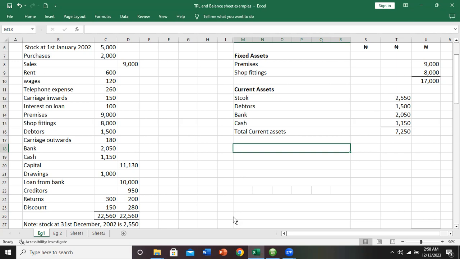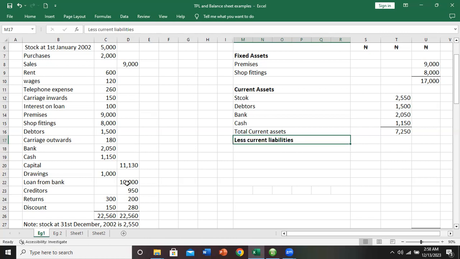Okay, so let me move on and now bring in the current liabilities, because per the format, after bringing your current asset, the next thing is to list your current liabilities. And per the format, you all saw that the current liabilities are creditors, bank overdraft, expenses owing, and then income prepaid. If you check this question, what are the items you have? Remember, liabilities have credit balance, so they will be at the credit side. Sales is not a liability. Capital is not.